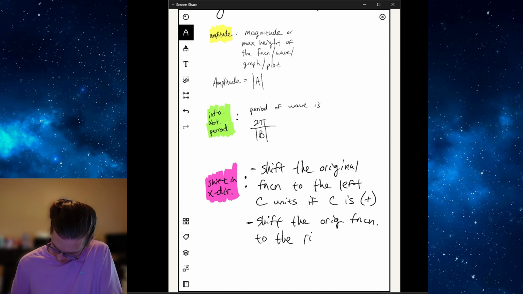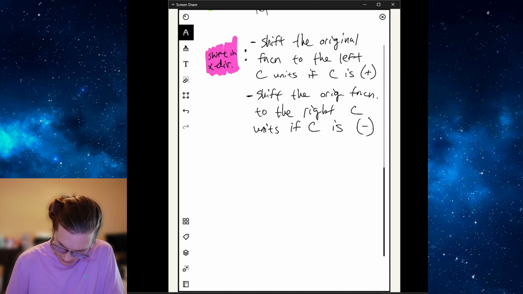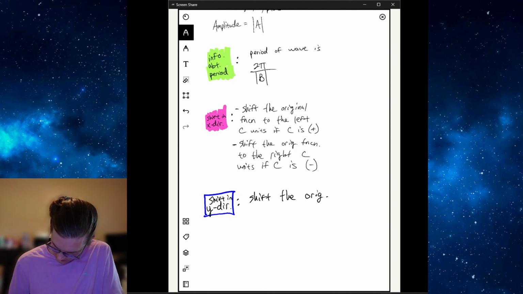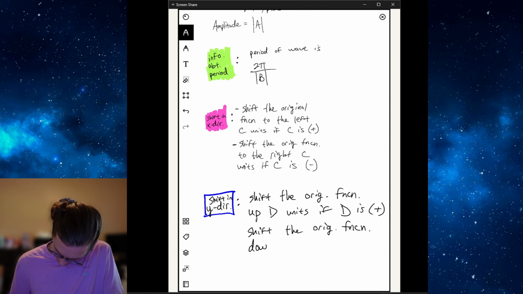Shift right C units if C is negative. Good. And then D, shift in the Y direction. Shift up D units if D is positive. Shift down if D is negative.